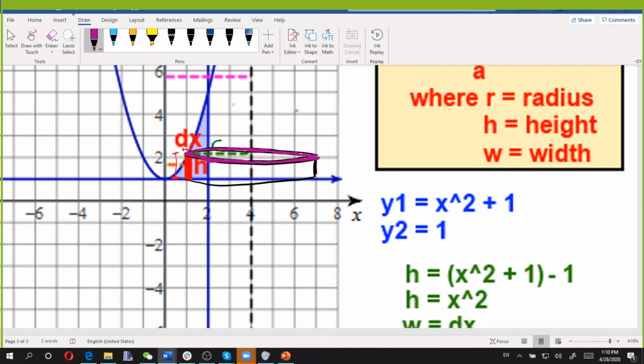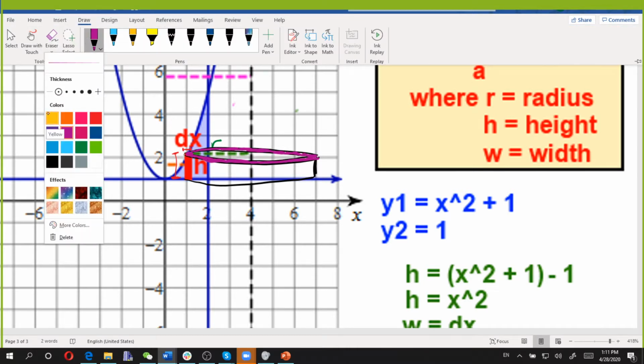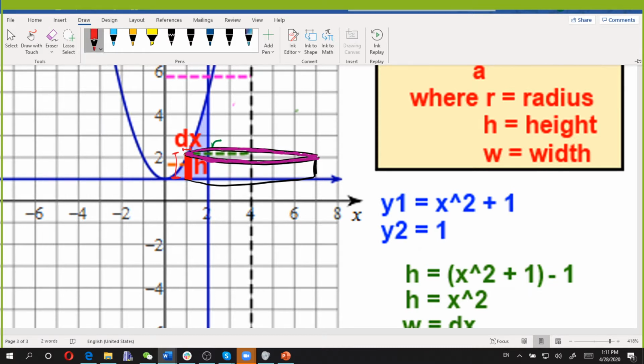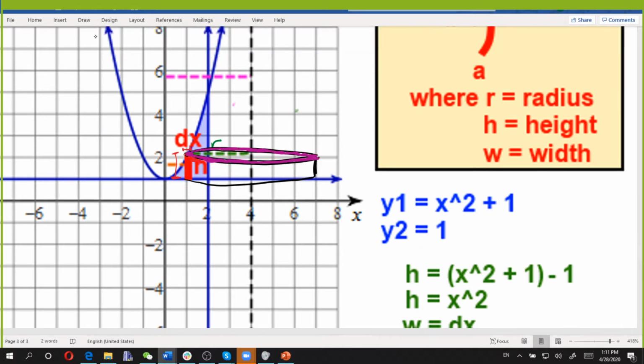The radius is still there in green, and here in red is our 2D block that we've spun around that vertical line in order to create our 3D cylinder. So we end up with this hollow cylinder. Again, the shape is like a toilet paper roll.